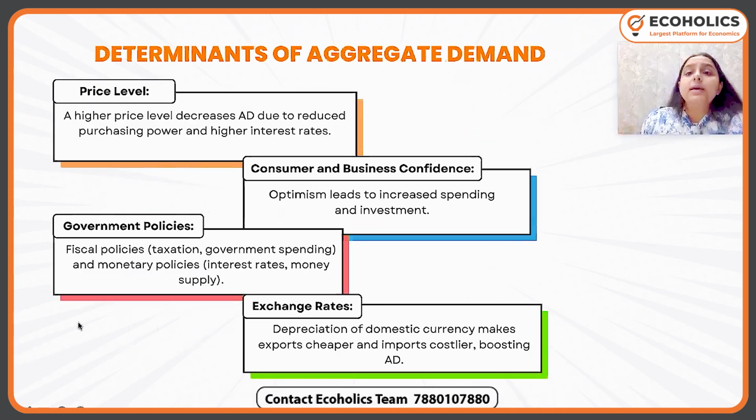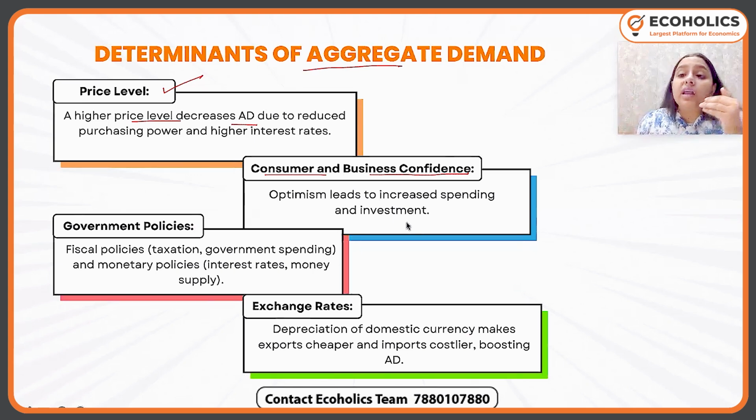Now, if we just conclude whatever we have talked about here, what are the determinants of aggregate demand? Price level. Higher price means a decrease in aggregate demand and vice versa. Consumer and business confidence, very important. If people feel that the economy is not safe, not secure, their investments are not secure, there would be a drastic fall in aggregate demand, just as you observe in the case of recession in the economy.